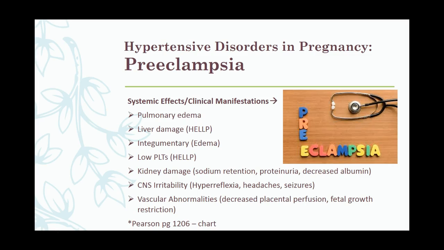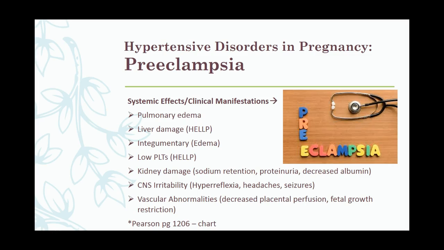They may experience low platelets, which is also another indicator of HELLP syndrome. They might end up with kidney damage. They have sodium retention. You'll see proteinuria, decreased albumin levels. They'll have CNS irritability. They'll be hyperreflexic. They'll complain of headaches, and they may have seizures and move right on into eclampsia.